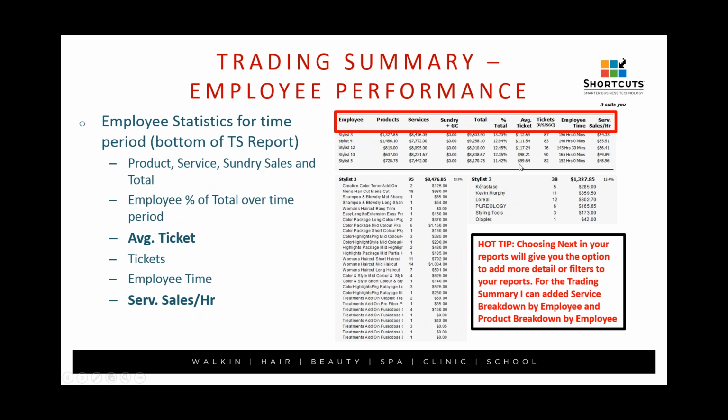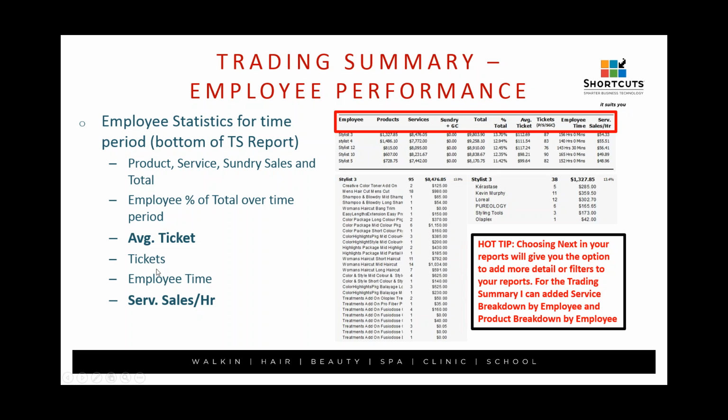When talking about employee performance and giving them goals and reviews, I often find that instead of asking them to raise their hair total by $1,000 or $500, it might be easier to ask them to raise their average ticket by $5 or $10. So average ticket's a really good one.